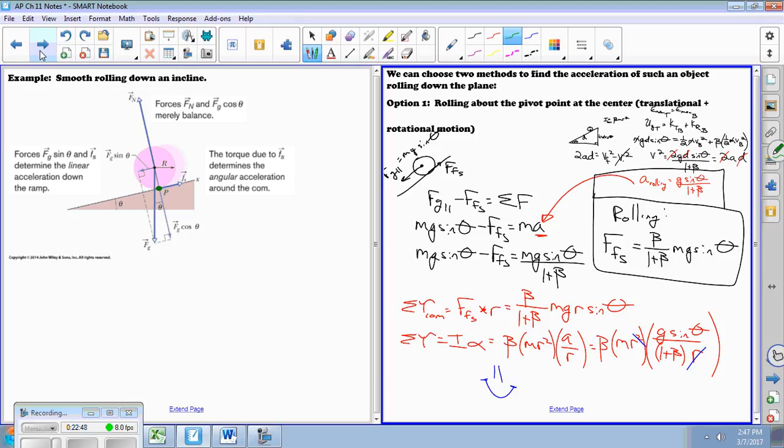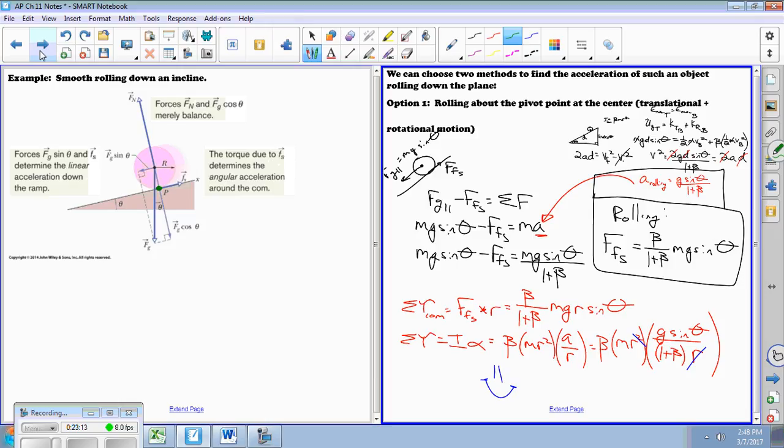All right. So real quick. Yesterday I did a whole bunch of algebra. Here's the important thing that you need to get out of what we learned yesterday. When you have an object that's rolling, it's going to have 2 types of energy: translational kinetic energy and rotational kinetic energy.